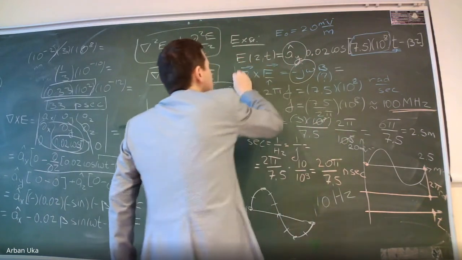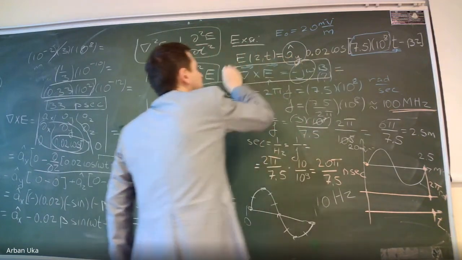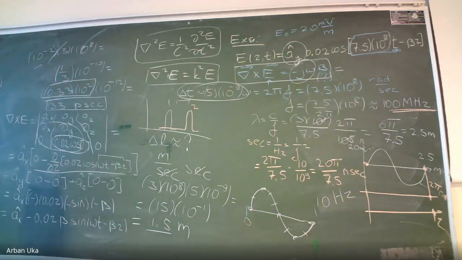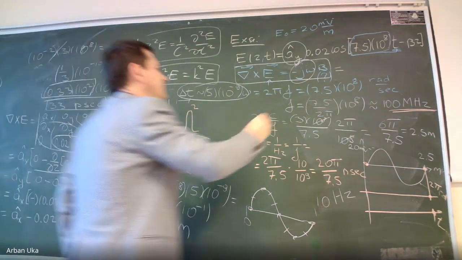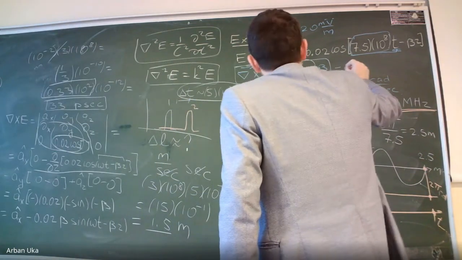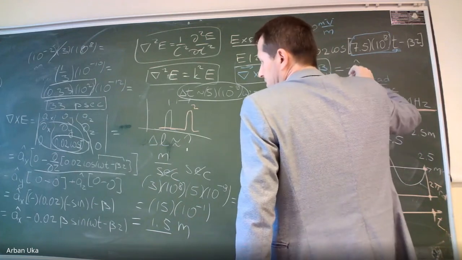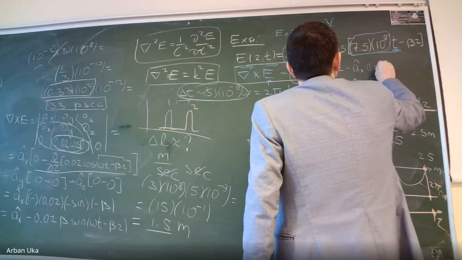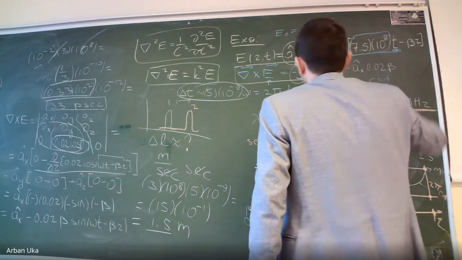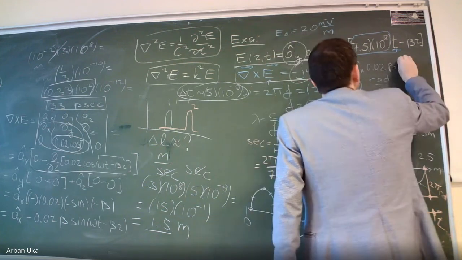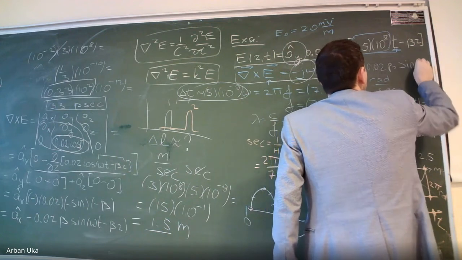So this was our essential equation. So this becomes ax, or minus ax, 0.02 beta times sine.